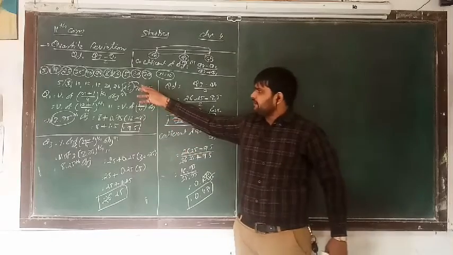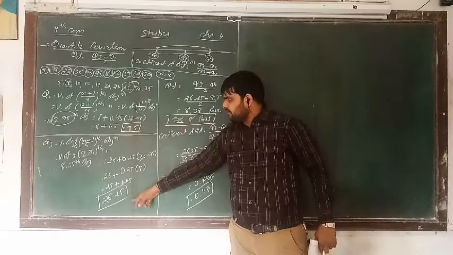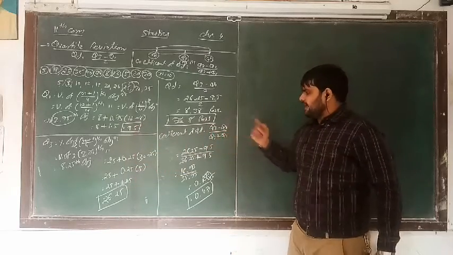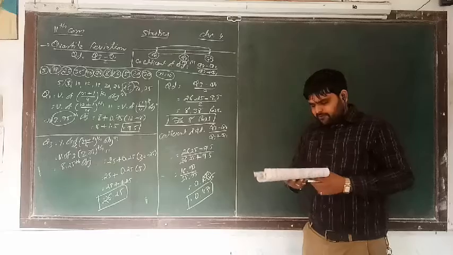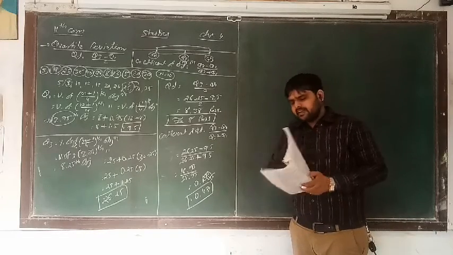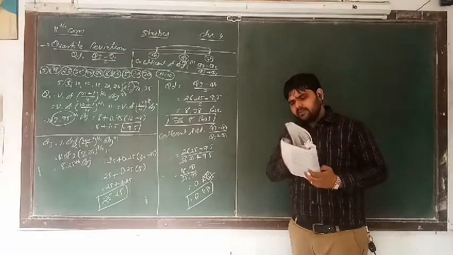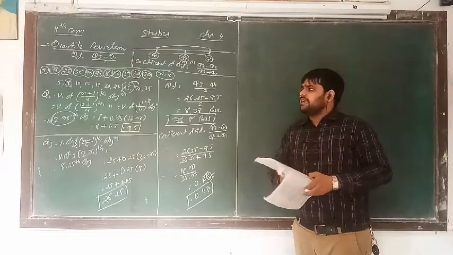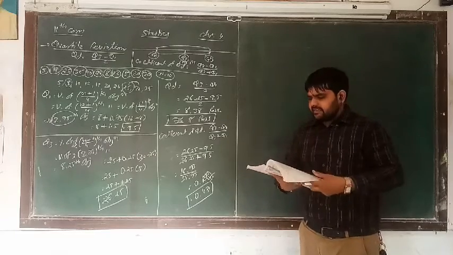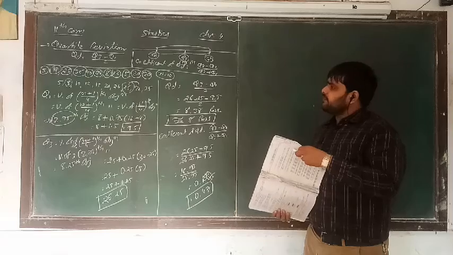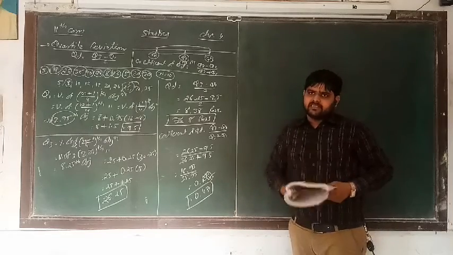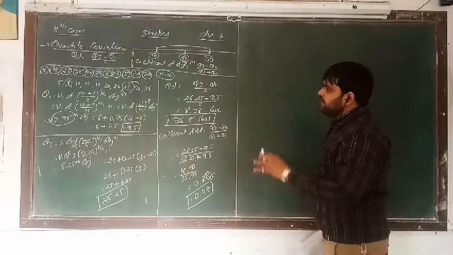So first find Q1, then Q3, and with the help of those values find the quartile deviation as well as the coefficient of quartile deviation. So this is example number 5.